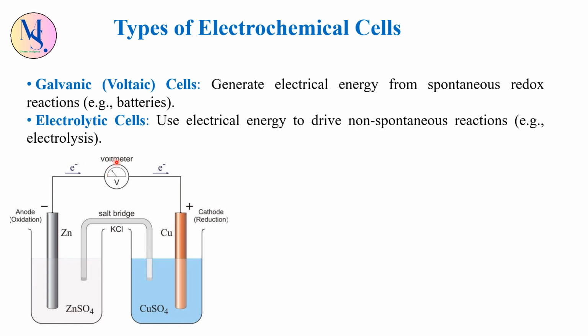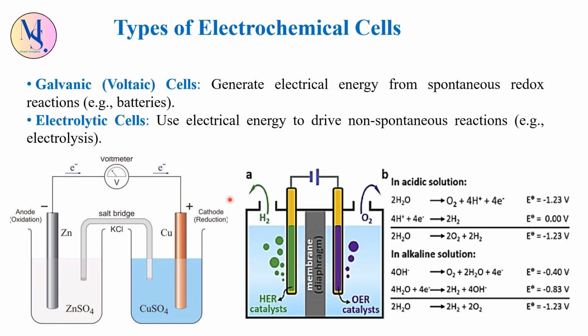The second type of electrochemical cell is the electrolytic cell, which uses electrical energy to drive a non-spontaneous reaction. For example, electrolysis of water, which is also called water splitting, which consists of two parts, that is HER or hydrogen evolution reaction, which generates hydrogen as a result of reduction which occurs at the cathode, and OER, which generates oxygen at the anode, which involves the oxidation process.